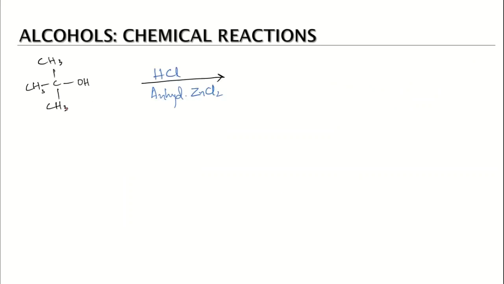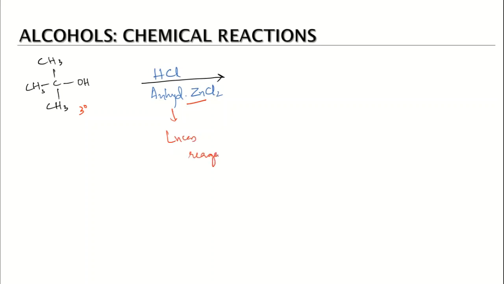So let's solve one more question. We are given an alcohol, a tertiary alcohol, and the reagents in this reaction are hydrochloric acid, HCl, and anhydrous zinc chloride. If we remember, this reagent is called Lucas reagent, which we used in the Lucas test.